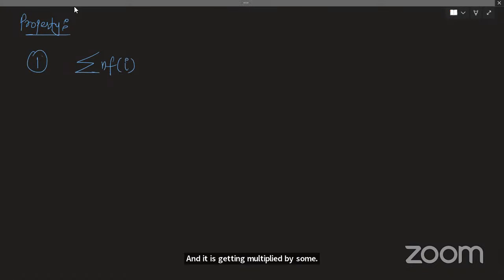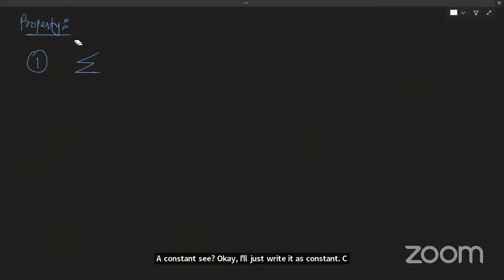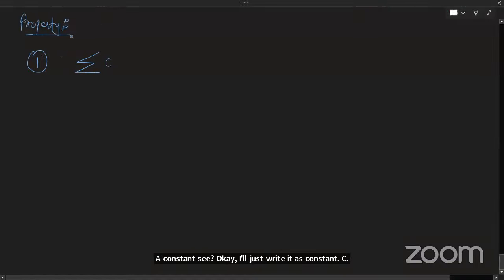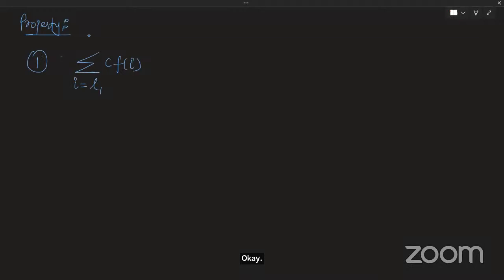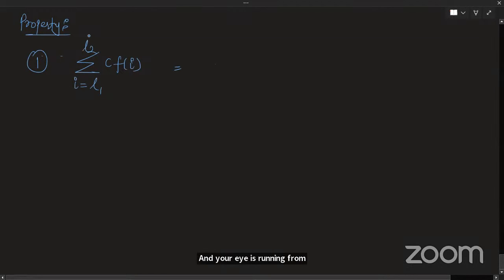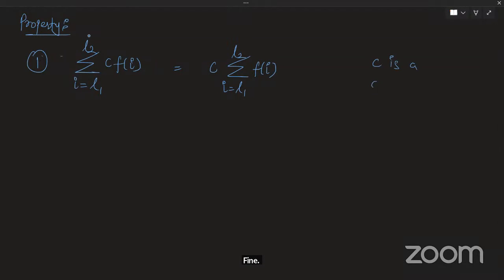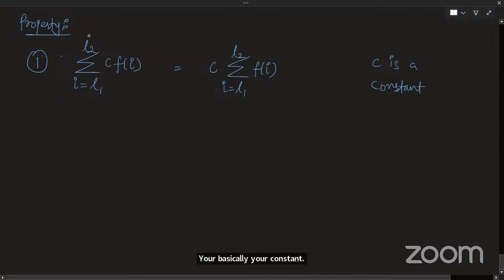So it is c times f of i, and your i is running from limit L1 to limit L2. What will happen? Your c will come outside, and it will be c times sigma i equal to L1 to L2 of f of i. Fine. Your constant c is a constant, so it comes outside and gets multiplied.